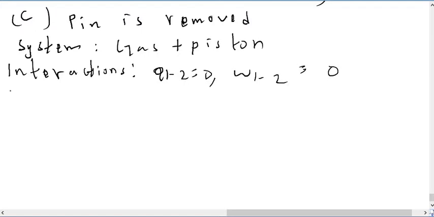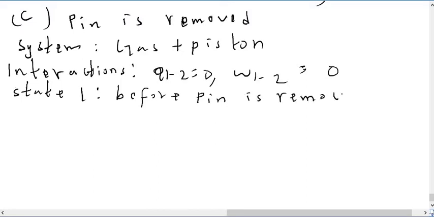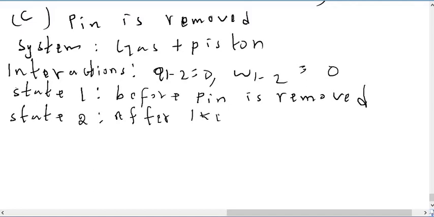So what are our states? State 1, before the pin is removed, at the initial state, and then state 2, the final state, after the pin is removed, at the equilibrium state.